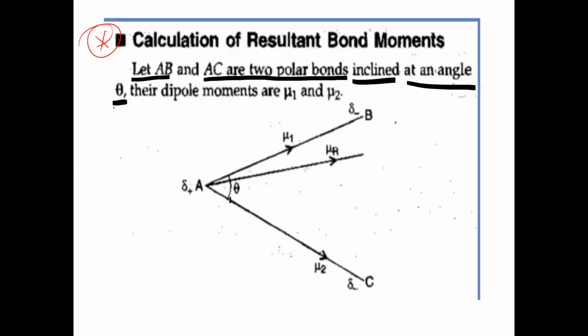What is the angle here? Theta. Their dipole moments are mu1 and mu2. Mu1 is the dipole moment of the AB bond, and mu2 is the dipole moment of the AC bond.